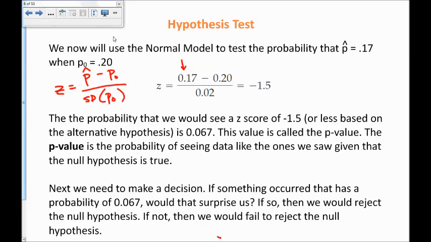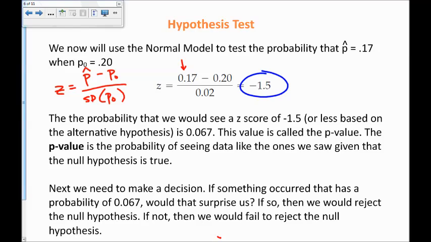So using this formula, we get a z-score of negative 1.5. And what we're asking ourselves is, how likely is it that I would find a sample with a z-score of negative 1.5, given that the null hypothesis is true?